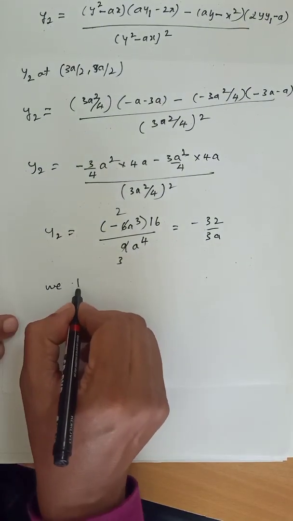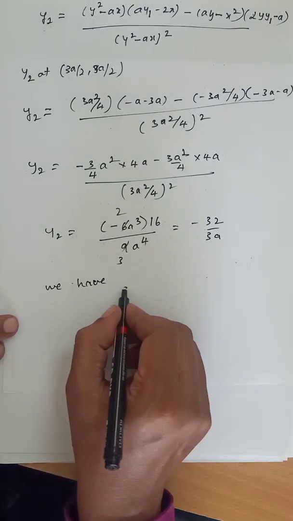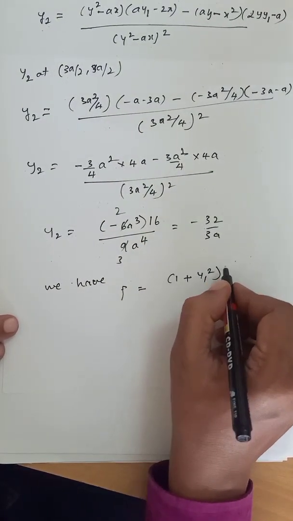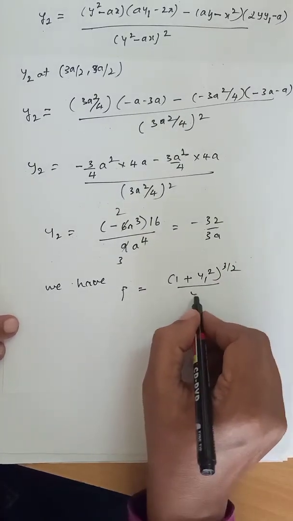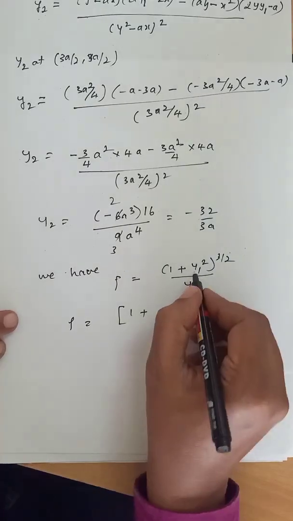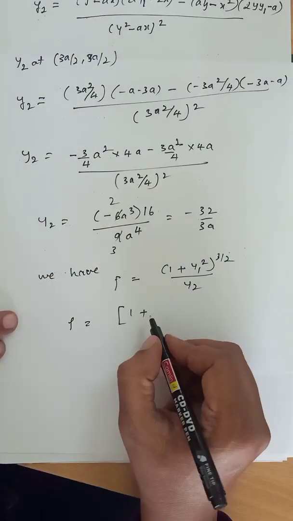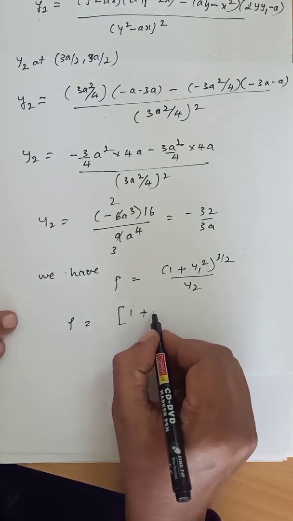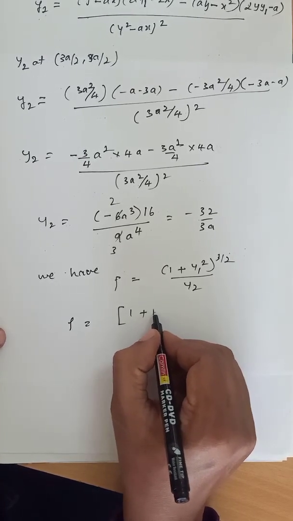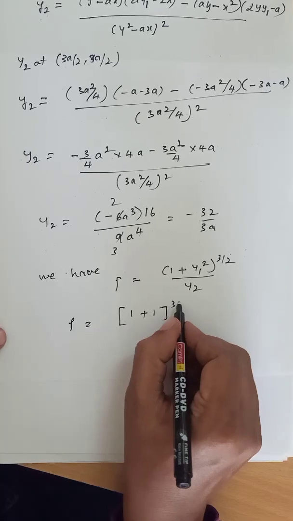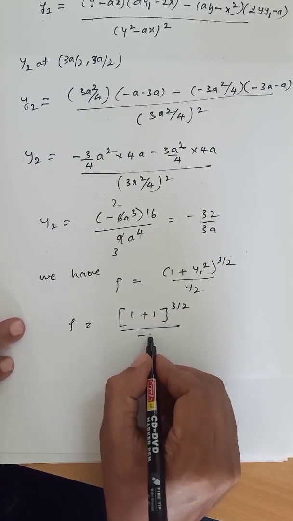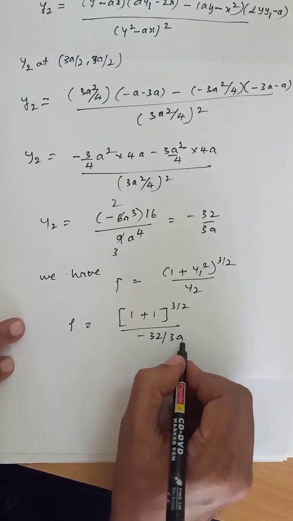We have rho is 1 plus y1 square whole power 3 by 2 by y2. Rho is 1 plus y1 is 1 minus 1 whole square is plus 1 whole power 3 by 2 divided by y2 is minus 32 by 3a.